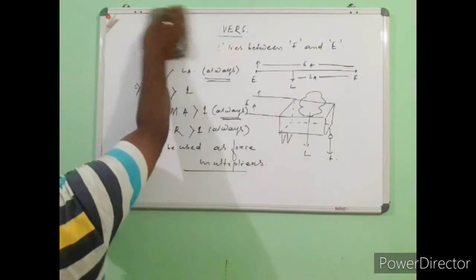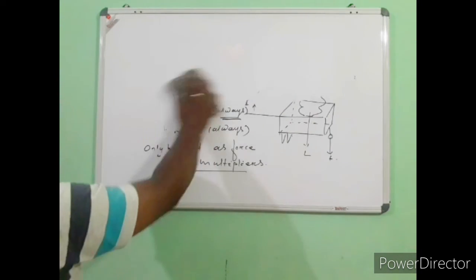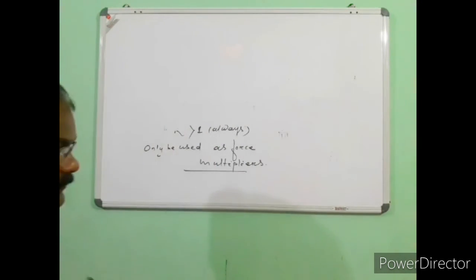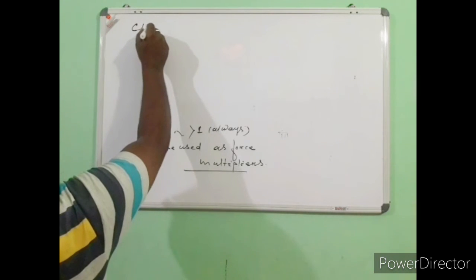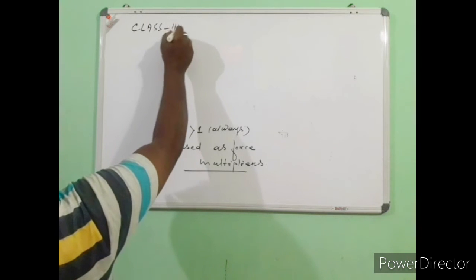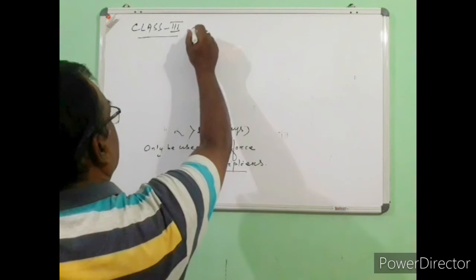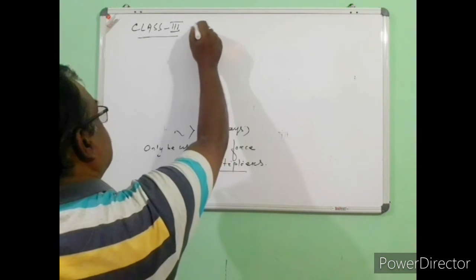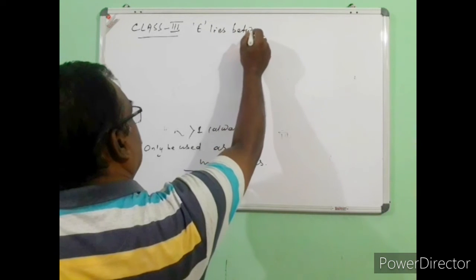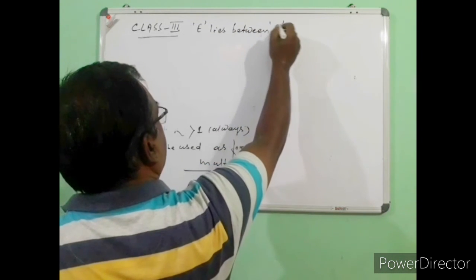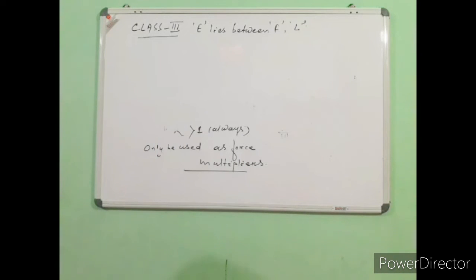Then we will go for class 3 lever. So, class 3 lever, by the definition already you have seen. Class 3 levers are those levers in which the effort point lies between fulcrum point and load point.